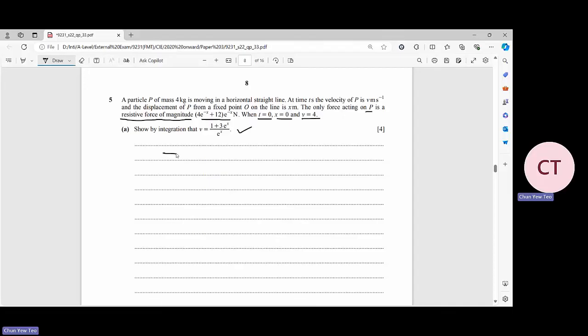So we have horizontal force by Newton's second law, because you have only resistive force, so negative Fr is equal to ma. Your resistive force is given as 4e power negative x plus 12e power negative x is equal to m times a.